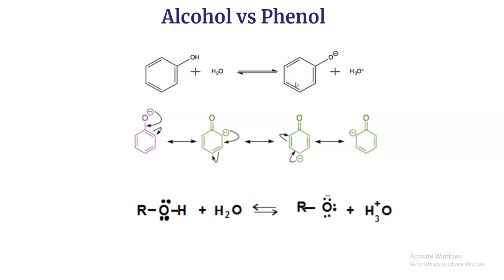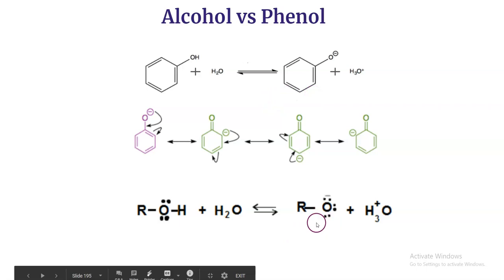Very important distinction, okay, very important factor. The negative charge on the oxygen is easily delocalized through the ring because of the presence of these alternate single and double bonds. Whereas in the case of alkoxide, there is no way this negative charge would be delocalized, which means higher the delocalization, more is the spreading of charge, more the dilution of charge, more is the dispersion of charge, more stable the product.